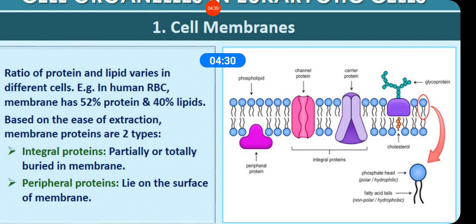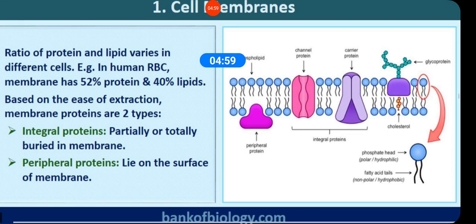Peripheral proteins are also called extrinsic proteins. They are on the outer sides only. So integral proteins are intrinsic proteins and peripheral proteins are extrinsic. They have a weaker association and are bound to the lipids of the membrane by electrostatic interaction.